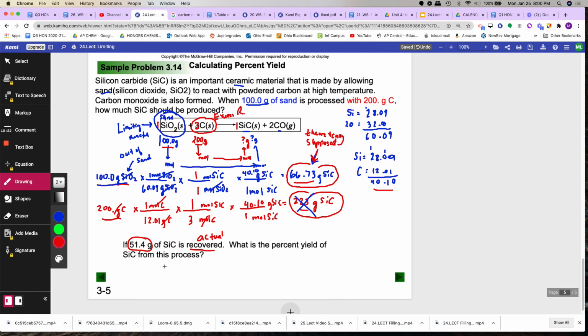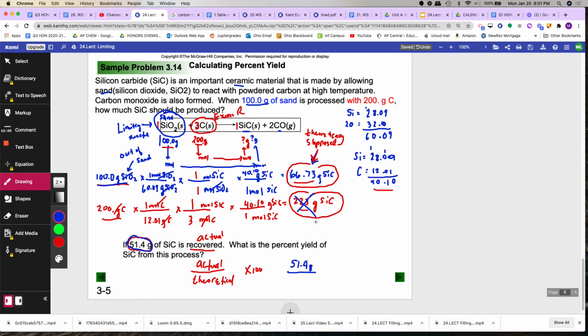So the percent yield would be what you actually got divided by what you should theoretically obtain, times 100. The actual is 51.4, and they will always give you that because you're not in the lab right now. That's what you actually made.